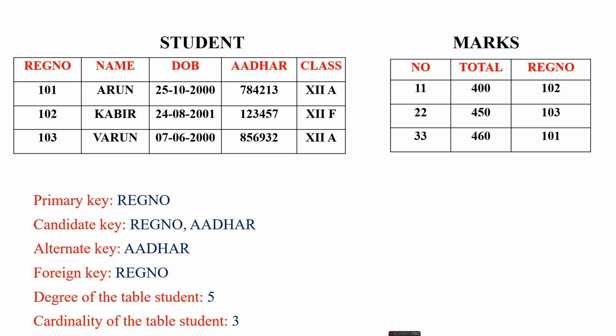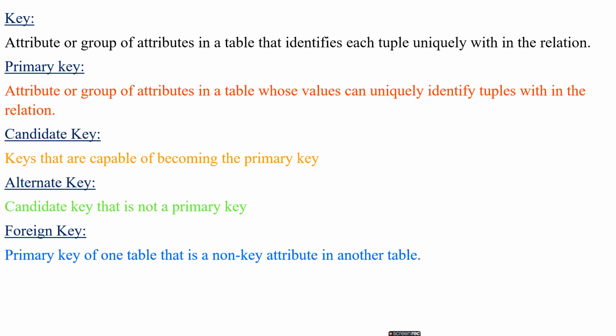So these are the four types of keys: primary key, candidate key, alternate key, and foreign key. And here is the theory part for that. Key means attribute or group of attributes in a table that identifies each tuple uniquely within the relation. Attributes means columns, relation means table, tuple means rows.